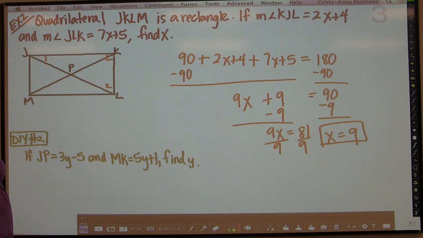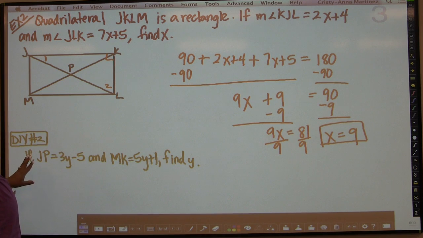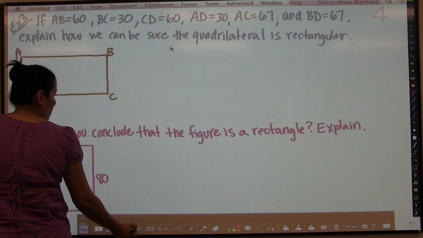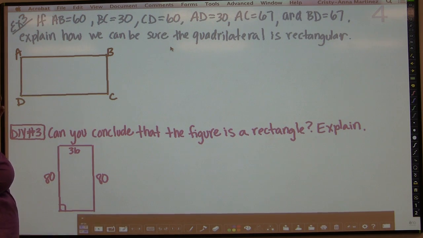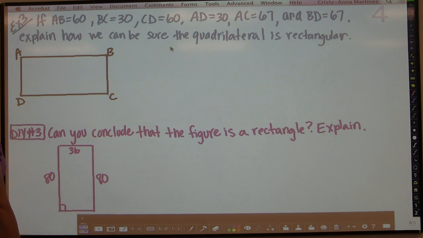Now again, we want you to use the same figure, and this time use this information to find y, and then we will go on to our converse. Now I'm not going to write the converse on the board, but the theorem that we had for this lesson is that if a parallelogram is a rectangle, then its diagonals are congruent.